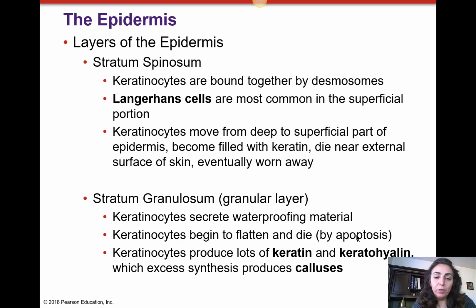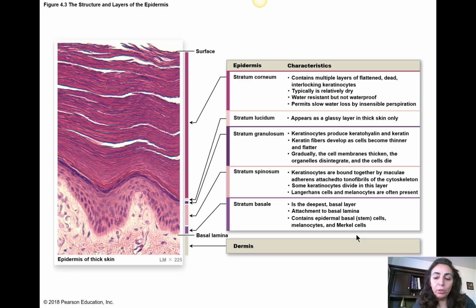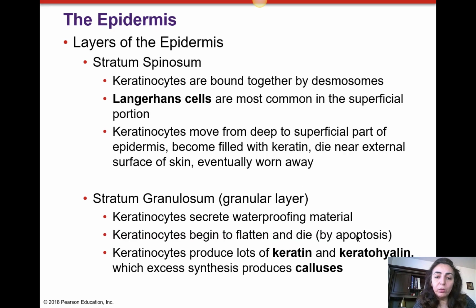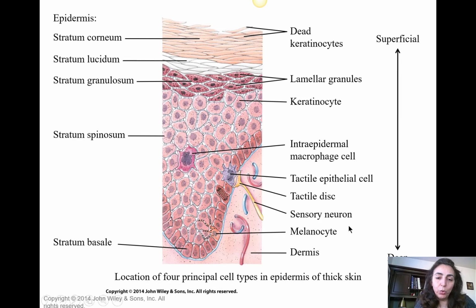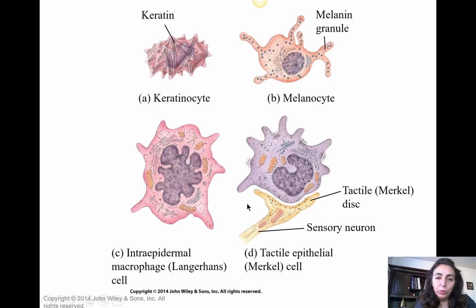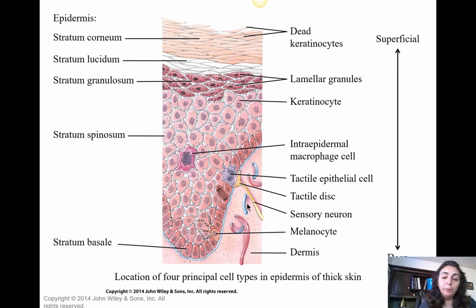Let me see if I have the picture here, or I'll just get back to the previous picture and show you. In the next pictures, I will show you the melanocytes and how they're protecting the cells. Oh, here it is. Here you see a melanocyte.